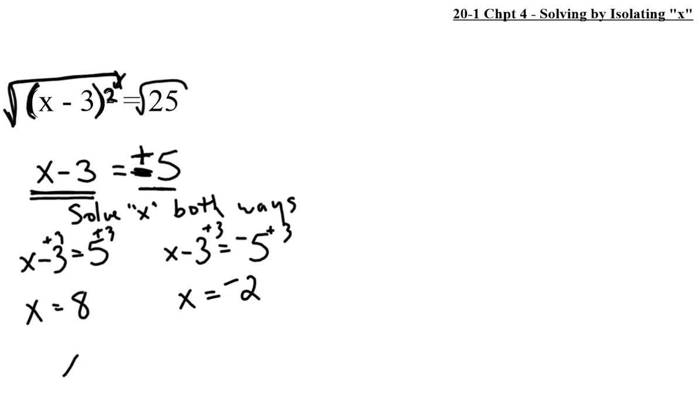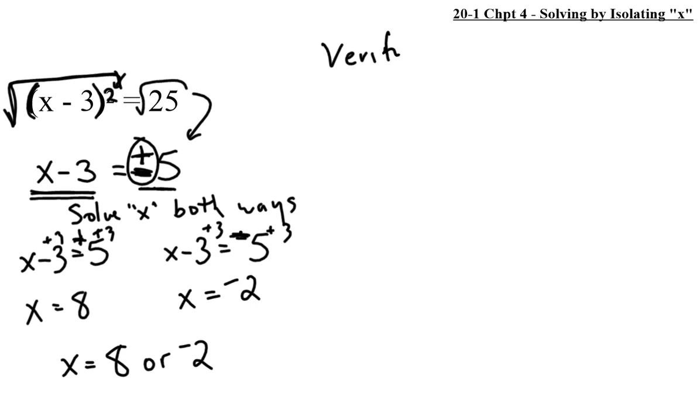So our roots for this question are 8 or negative 2, because the square root principle tells us positive and negative, which means we need to isolate x for positive 5 but we also need to isolate x for negative 5.